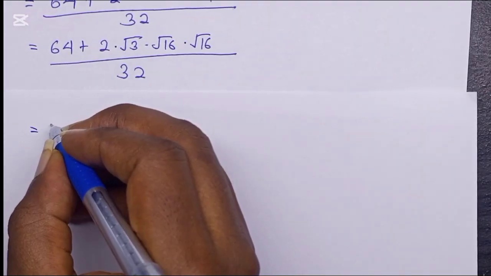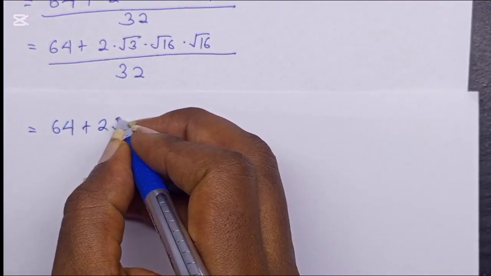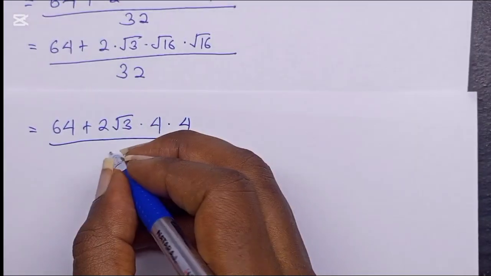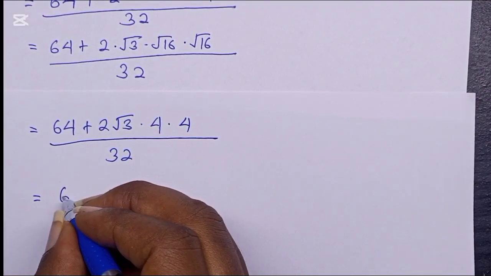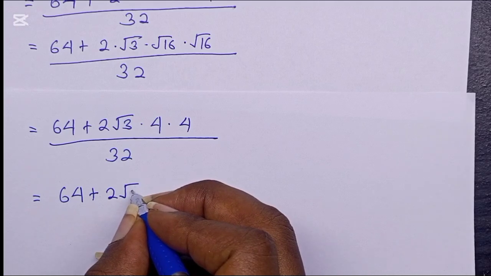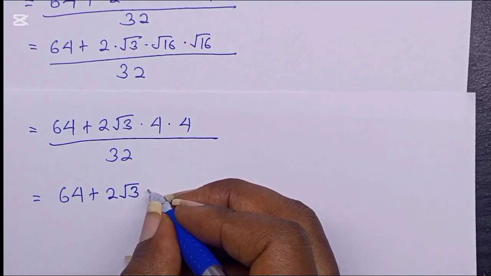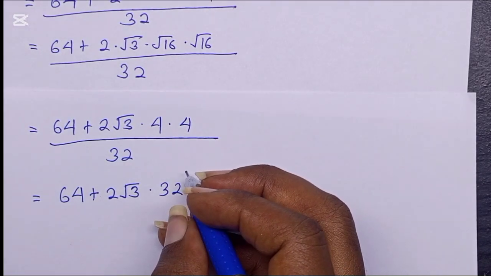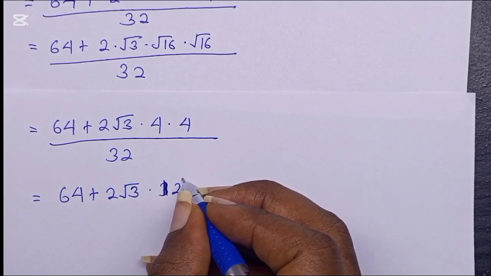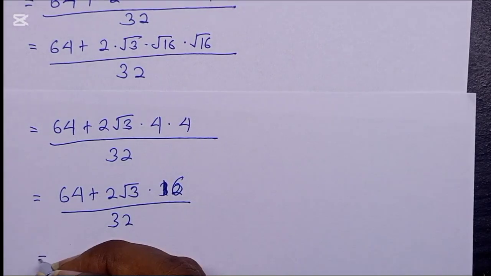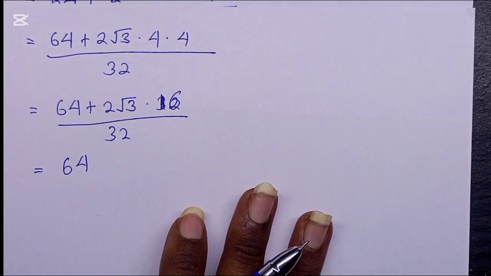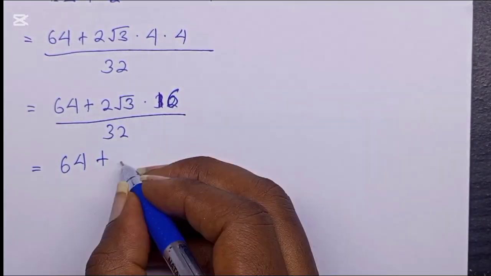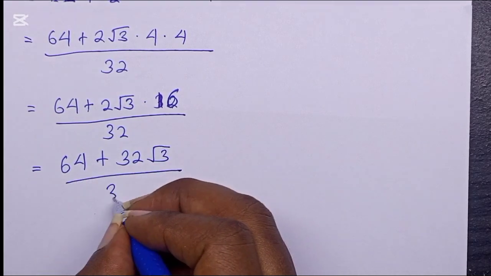So this will be equal to 64 plus 2 root 3, root 16 is 4, so 4 times 4 is 16, divided by 32, which is equal to 64 plus 2 times 16 is 32, so 32 root 3 divided by 32.